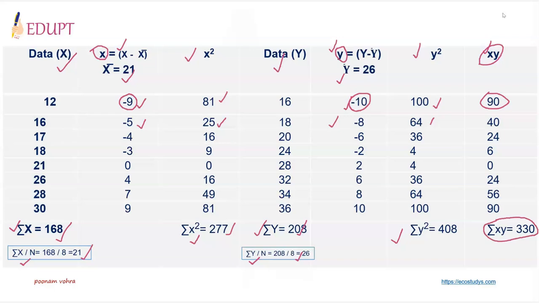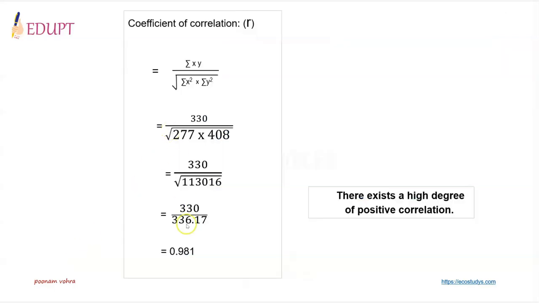Once you have completed this table, then you need to apply the formula. The formula for finding coefficient of correlation by the actual mean method is r is equal to summation of xy divided by under root of sigma x square into sigma y square.